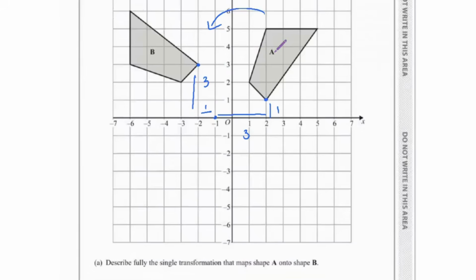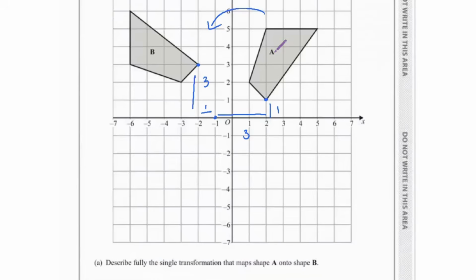If you use some other method to find the center of rotation, please use that. You don't have to stick to the same method because everyone does it very differently. But for me, I look at the horizontal and vertical distance. I use trial and error to pick a point which seems like the center and see whether the horizontal and vertical distance are swapping or not. In this case, they do. So the center is -1, 0.